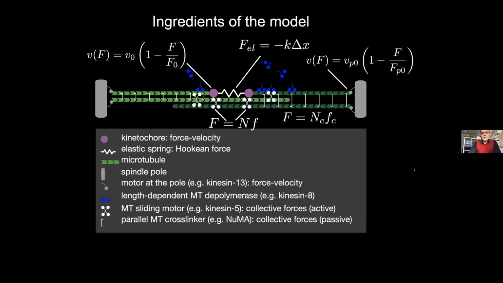Of course, in addition to these ingredients, one needs to write down force balance equations for each element here, which I'm not showing because it's rather technical, and I think it's not easy to grasp the basic ideas from that.